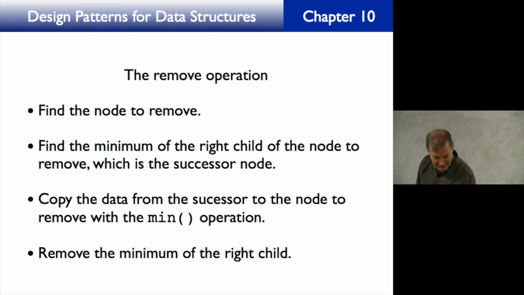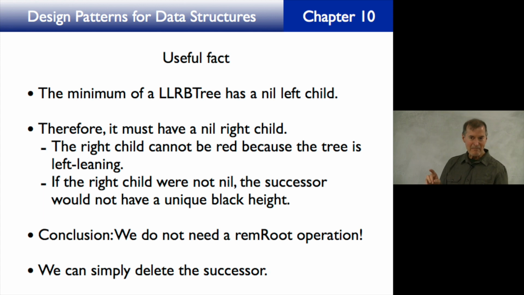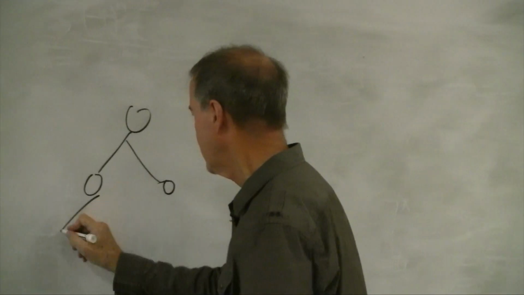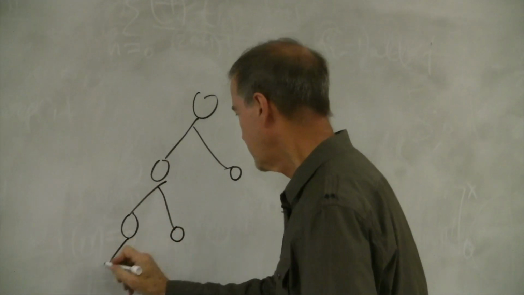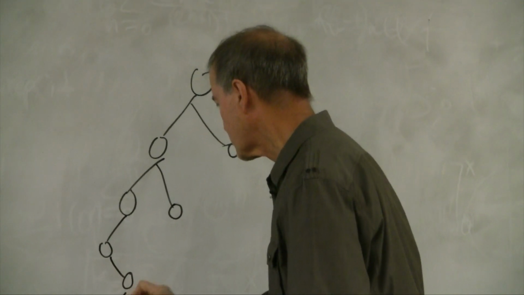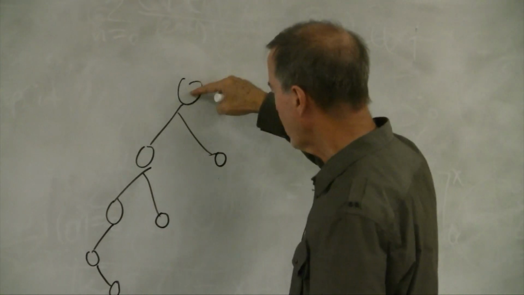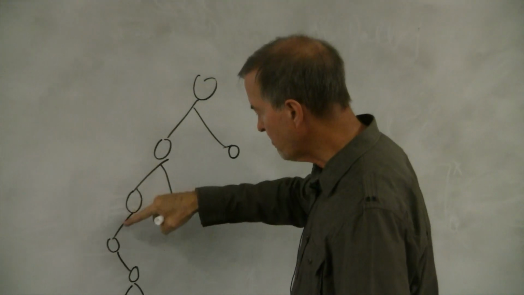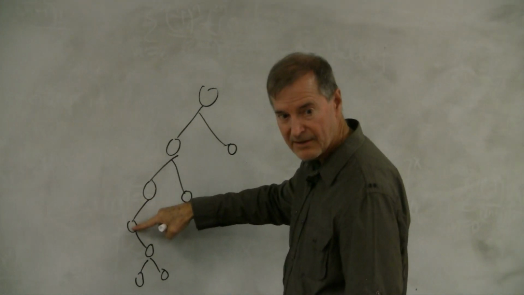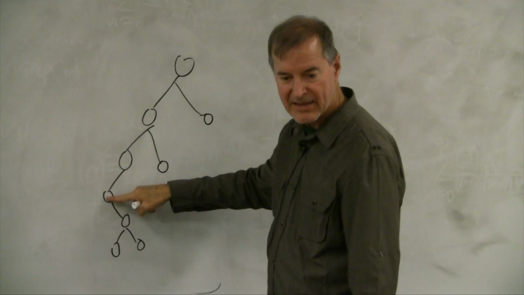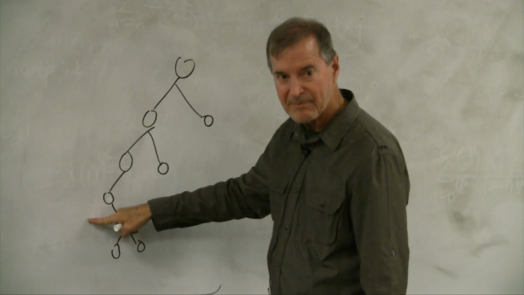But look at here. Here's a useful fact. The minimum of an LLRB tree has what as a left child? Okay, so here we have a tree. Now, if this were just a regular tree, where would be the minimum? It would be this one, right? So we know because it's a minimum, the minimum has nil as a left child, right?